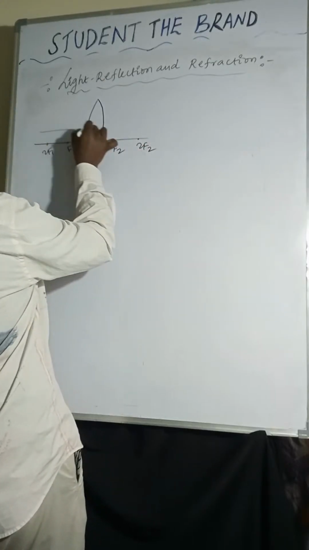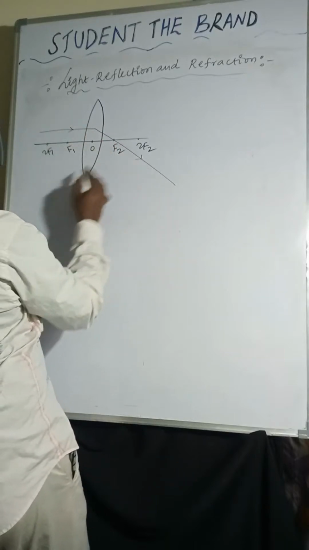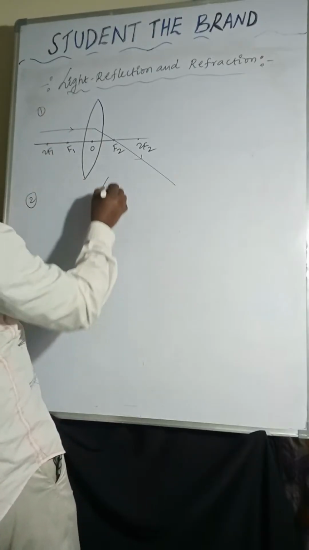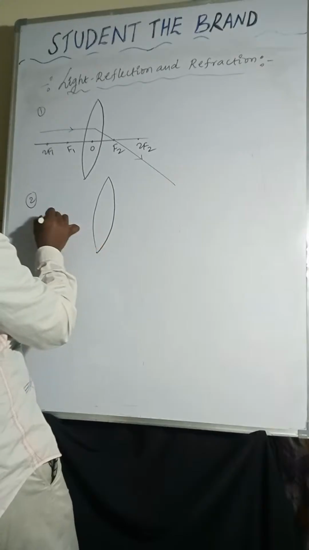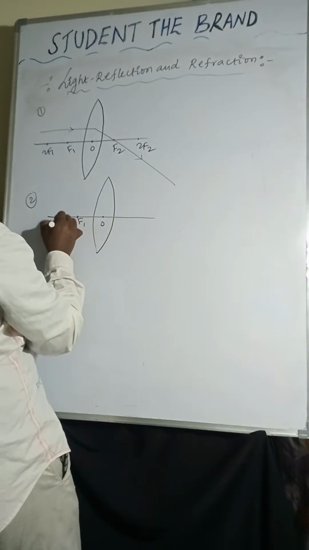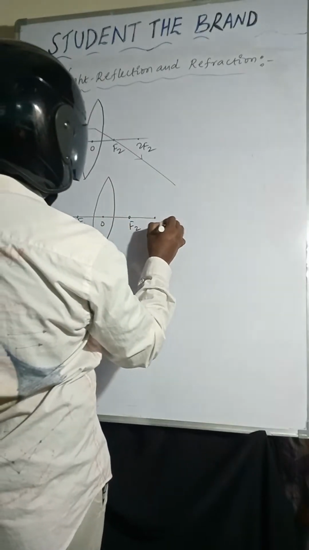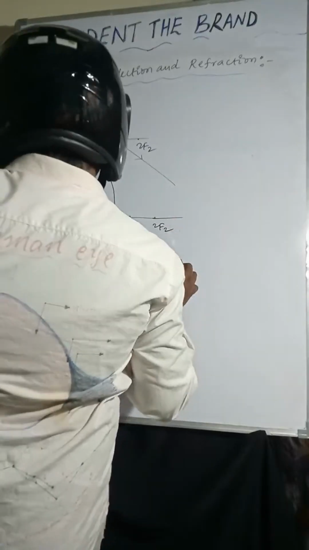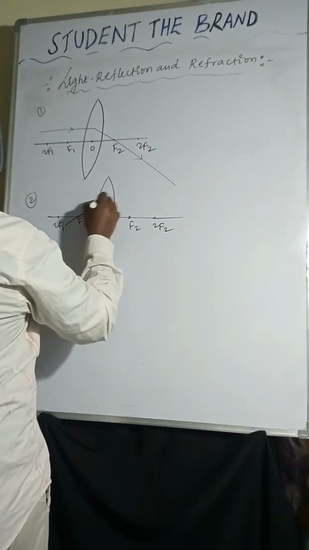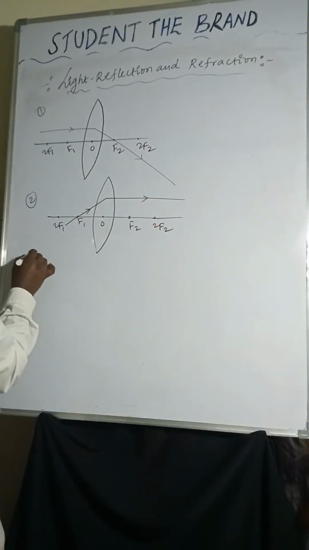One light ray I am taking, after refraction it passes through the focus. That is the first one. Coming to the second one, the light ray is passing through the focus, and after refraction it becomes parallel to the principal axis.